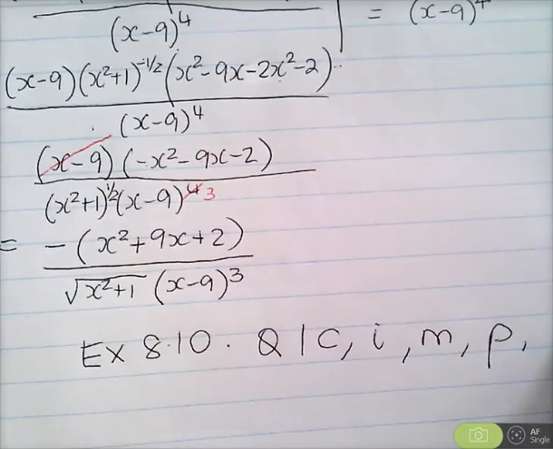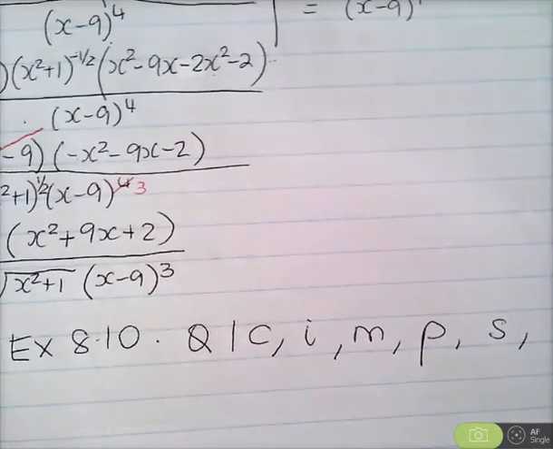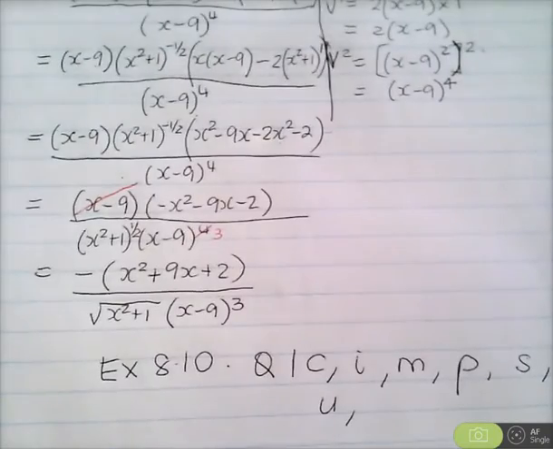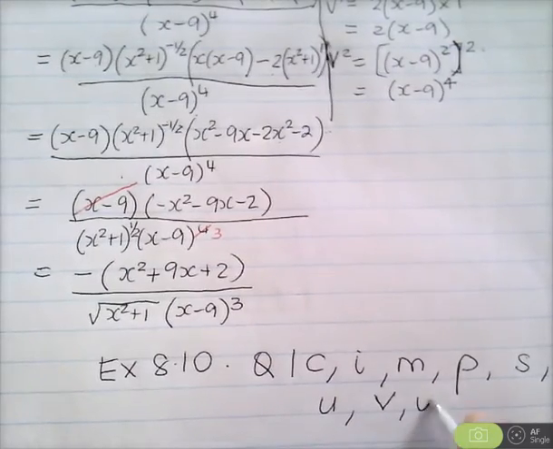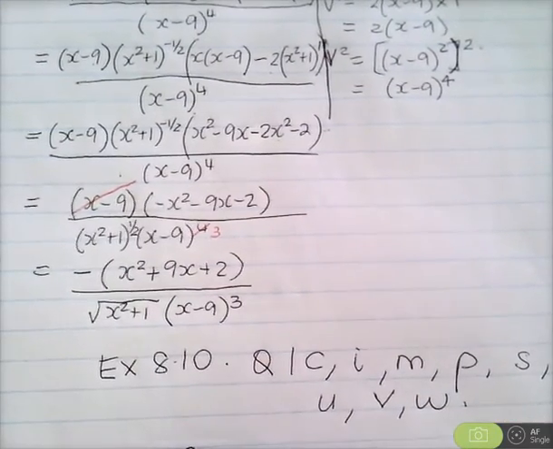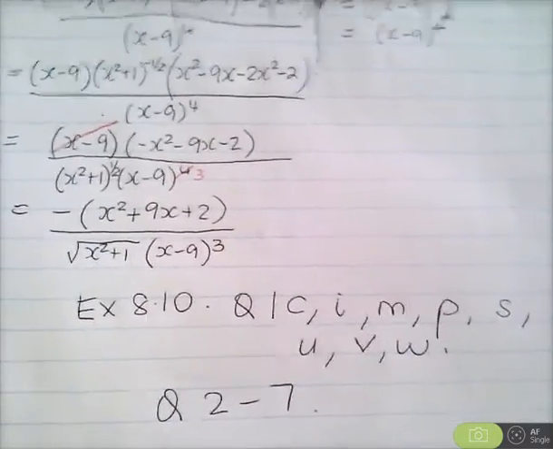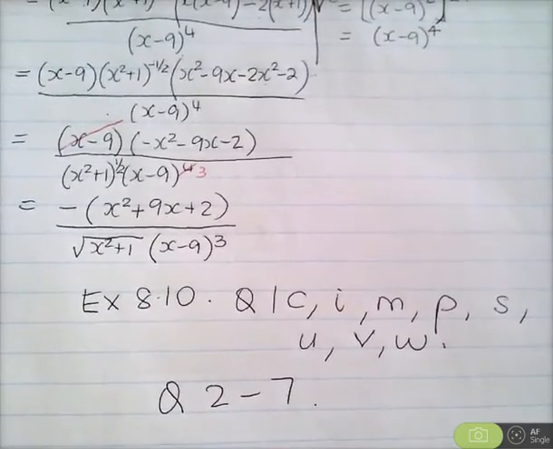And I'd do S. So exercise 1, CIMPS. Let's do U, V and W, because they're both a bit different. And do questions 2 to 7 as well, the worded problems. Got it? 1 CIMPS UVW, questions 2 to 7.